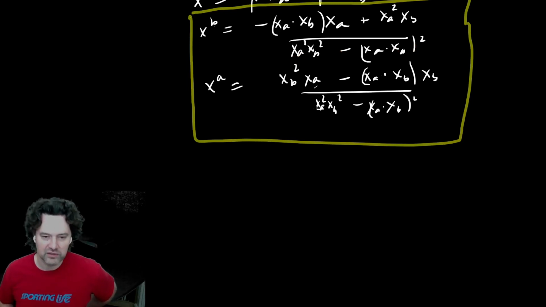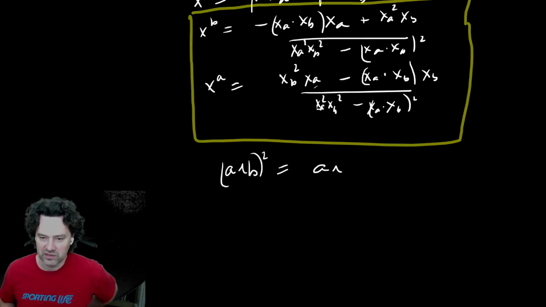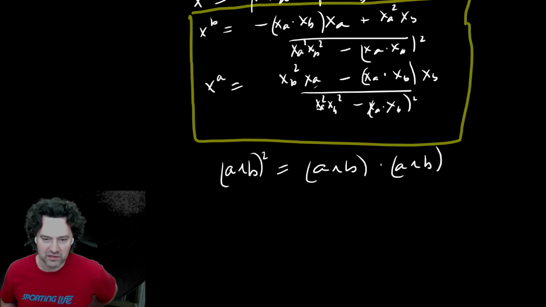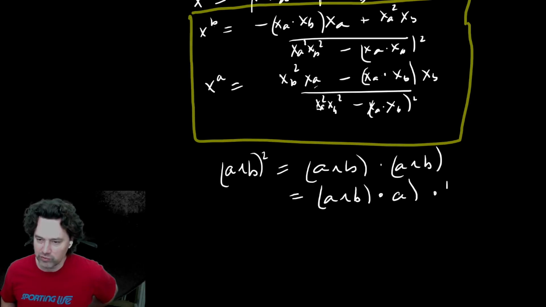So we write out, let's say we have a wedge b squared. That's the same as a wedge b dotted with a wedge b, which we can use the distribution identity to write as a wedge b dotted with a dotted with b, and go and compute each of these in turn.